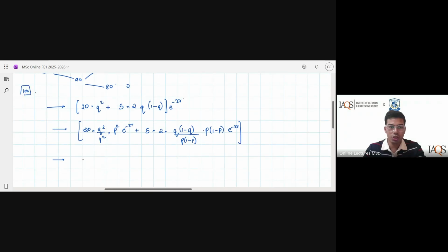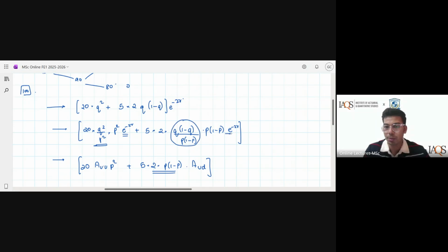So your equation actually becomes 20 into Q square by P square e raised to minus 2R, which will become AUU, into P square, plus 5 into 2 into P into 1 minus P, which is nCx, into AUD. Why AUD? Because Q into 1 minus Q by P into 1 minus P into e raised to minus 2R. Understood?